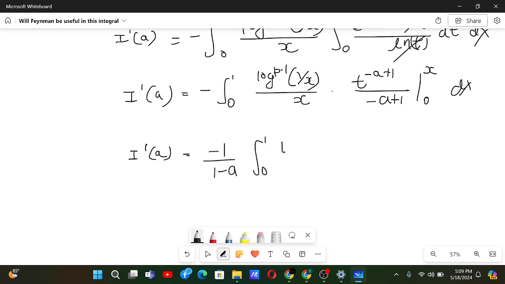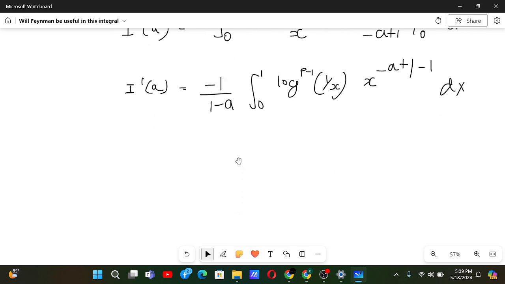Now you can say that I dash of a will just be minus 1 by 1 minus a times the integral from 0 to 1 of log to the power p minus 1 of 1 by x. Now this is just x to the power minus a plus 1, minus 0 when t is 0, it doesn't matter. We also have to subtract 1 from here, minus 1 dx.